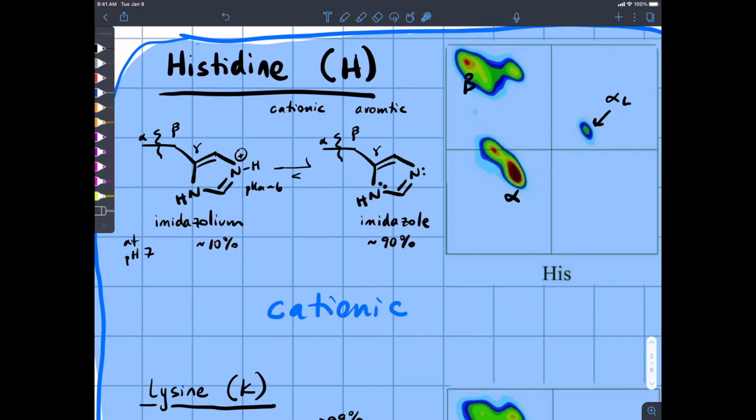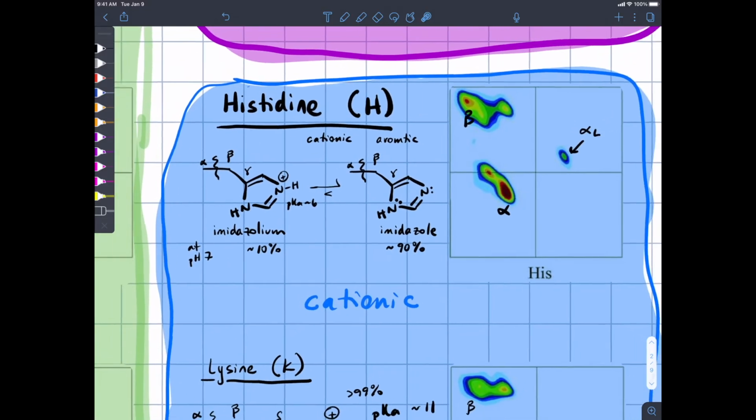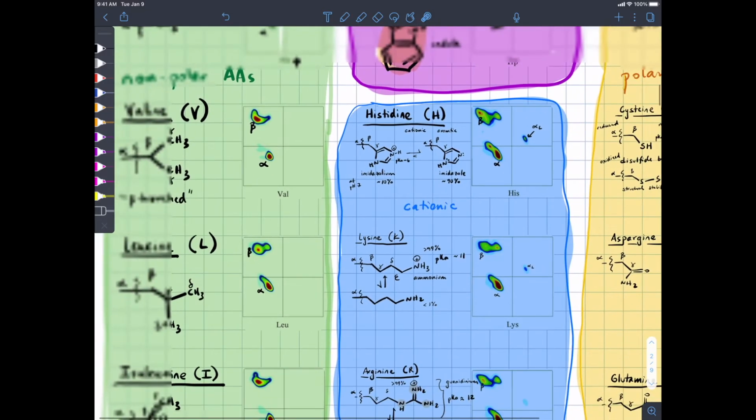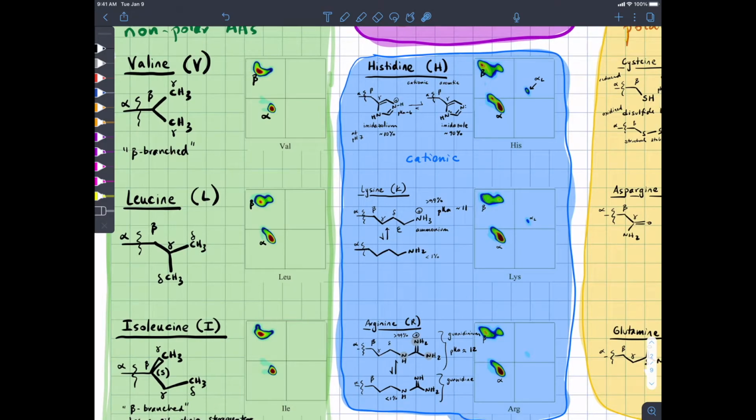So you've seen an example back in the chapter about esters and carboxylic acid derivatives where we used histidine as a base to deprotonate a nucleophile to hydrolyze an ester bond. And the ability of histidine to switch readily between this positively charged acidic form and this neutral basic form at physiological pH makes it really, really versatile. So you're going to see histidine a lot in enzyme active sites. All right, those are the positively charged ones.